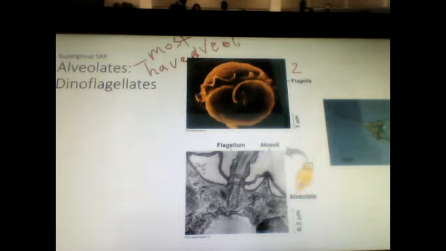And you can see here, it's kind of got this groove through the body. So one of the flagella wraps around that groove, and then the other one sticks out. So you've got this one sticking out, and then the one wrapping around.